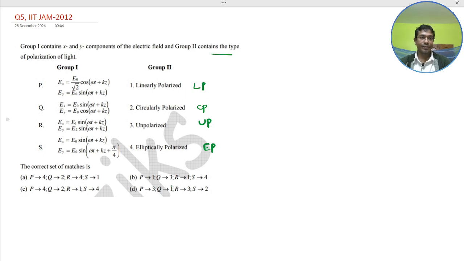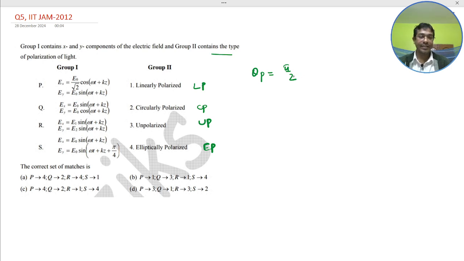So the first one, for the P option, here theta P is equal to, just see here, sine theta plus theta dash, here cos. So the phase is pi by 2, sine to cos, pi by 2, with different amplitude, meaning E0 and E0 by 2.